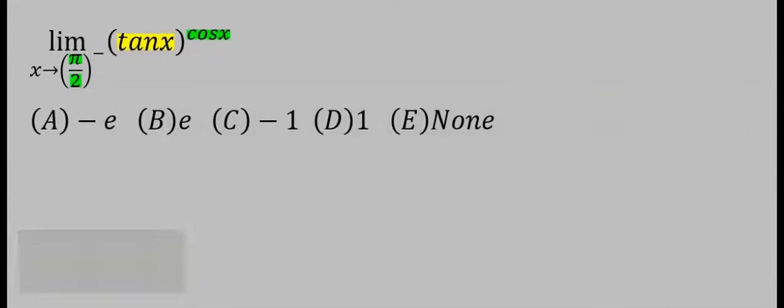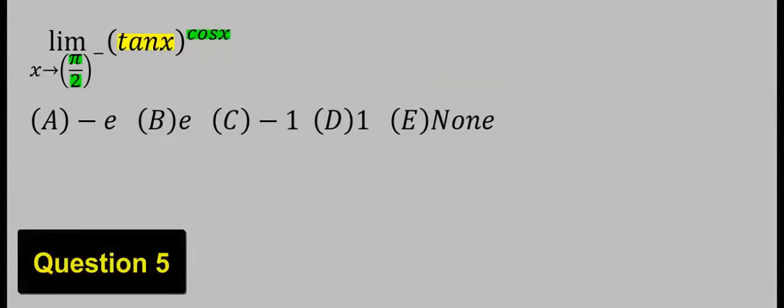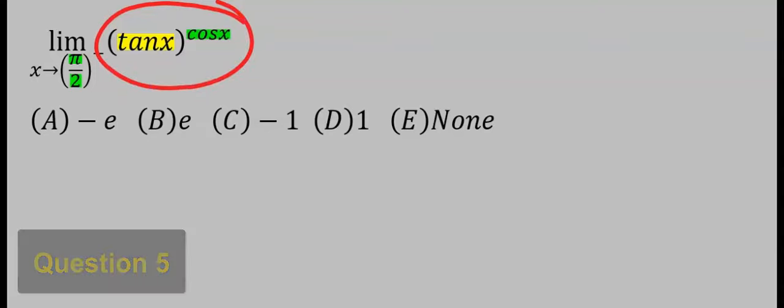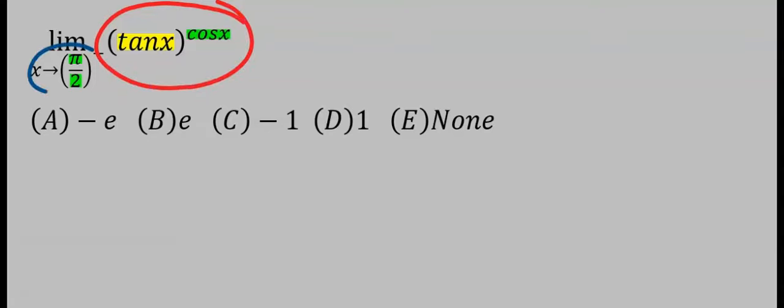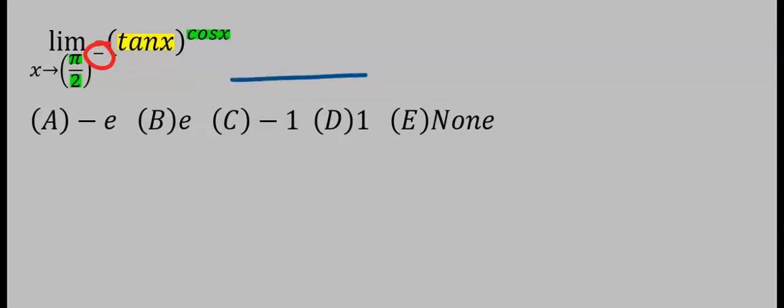Next, let's consider this question. This is the function, and we're taking the limit as x tends to pi over 2. However, we have a minus here, which is a superscript. The minus just indicates that this limit is approached from the left, and it does not affect the x tends to pi over 2.